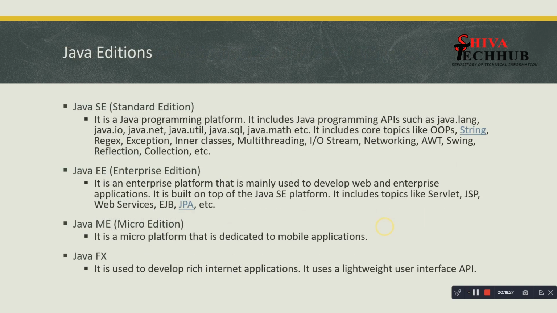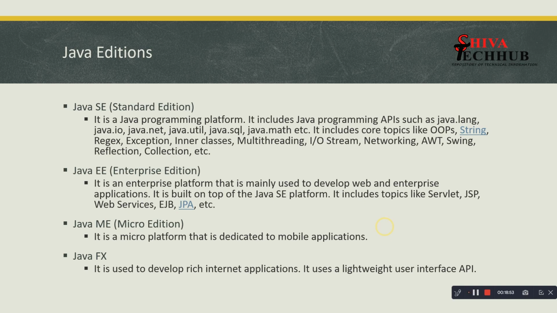Okay, so next let's look into the various flavors or editions of Java. We have Standard Edition, Enterprise Edition, Micro Edition, and JavaFX, which is a lightweight kind of application. So what do you mean by Standard Edition of Java? It is a Java programming platform.